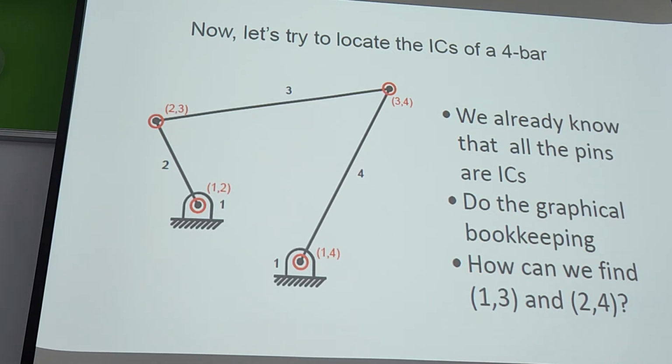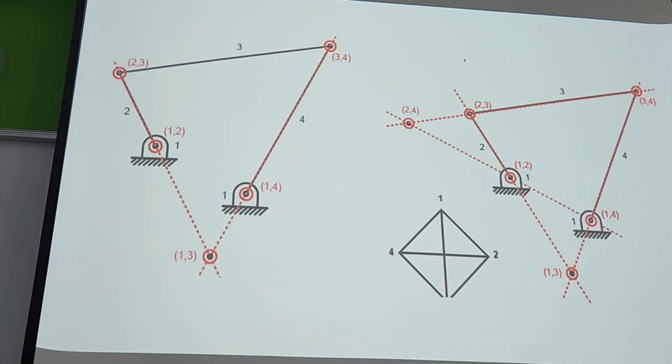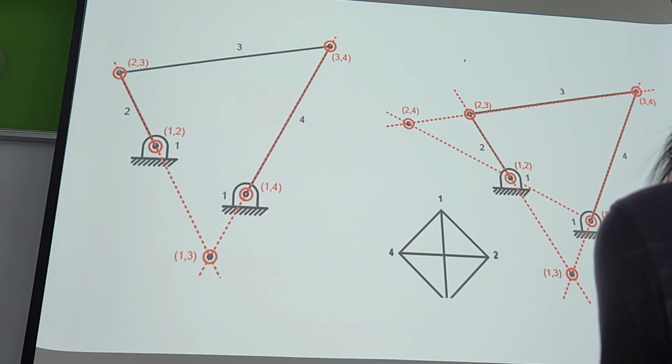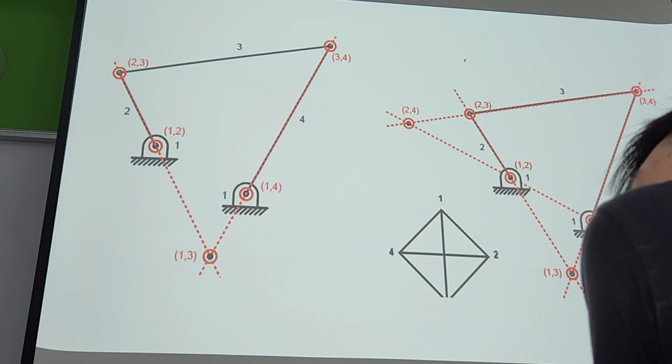So link these two lines. Now you can see this is 3-4, 1-4, so 1-3 will be on this line. With 2-3, 1-2, the intersection point will give you the instantaneous center for link 1 and link 3. And for link 2, at this point the instantaneous center is moved to 2. Now any point on link 3 will have this instantaneous center.